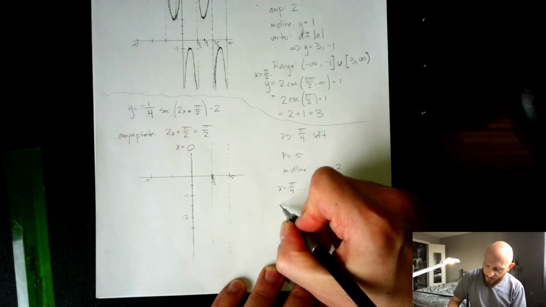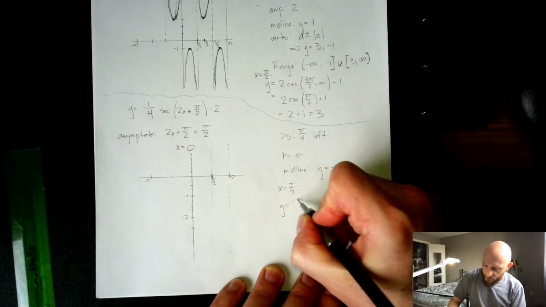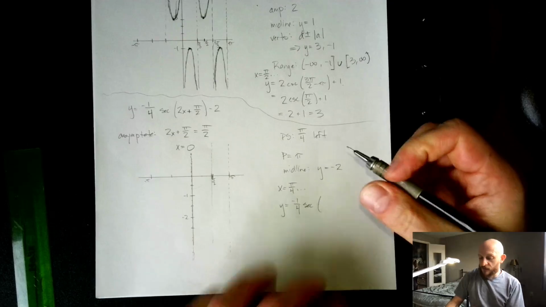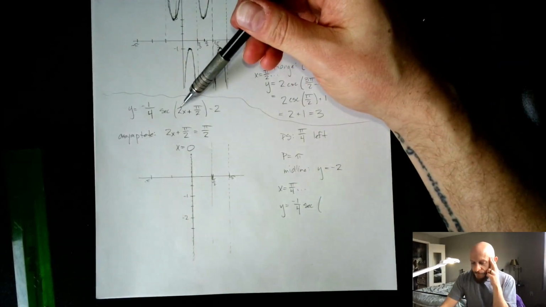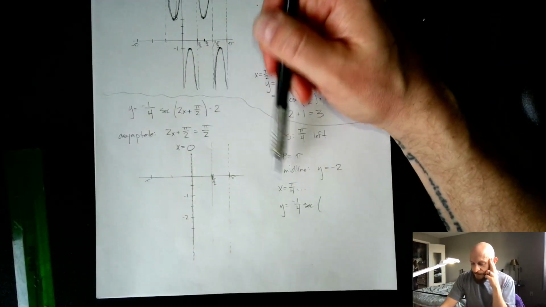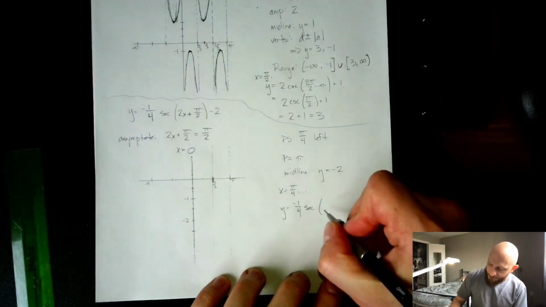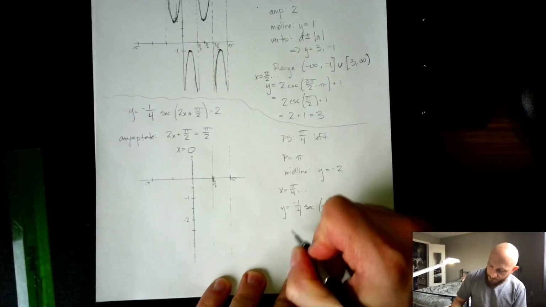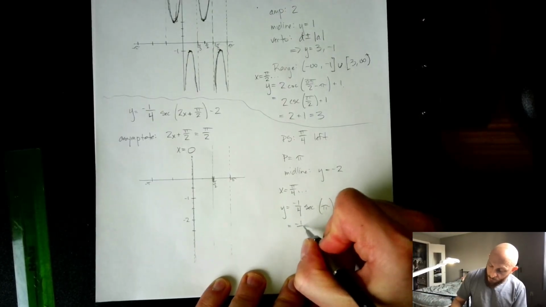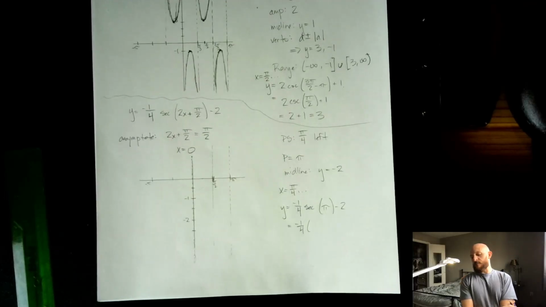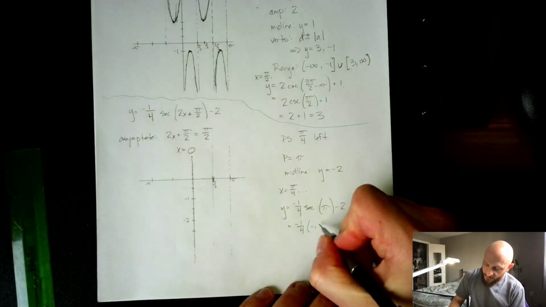So when x is equal to pi/4, y is equal to -1/4 times the secant of, what happens in here? 2 times pi/4 is pi/2. Pi/2 plus pi/2 is pi. So -1/4 times the secant of pi. Cosine of pi is -1, so secant of pi is -1.